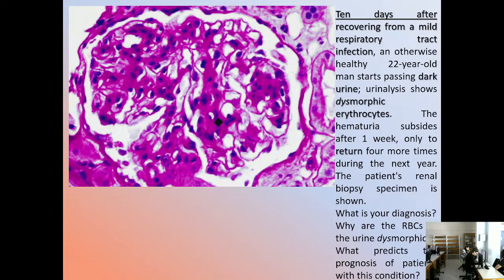Next, are there many cells in the mesangium? This is mesangial hyperplasia, which is most often accompanied by an extension of the mesangium. And these two patterns of hyperplasia commonly coexist.